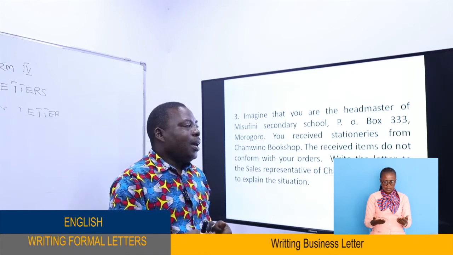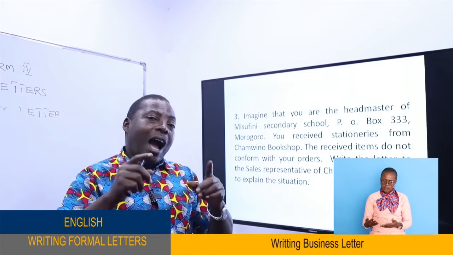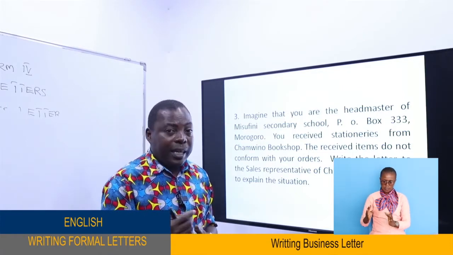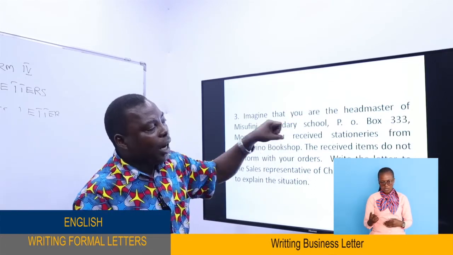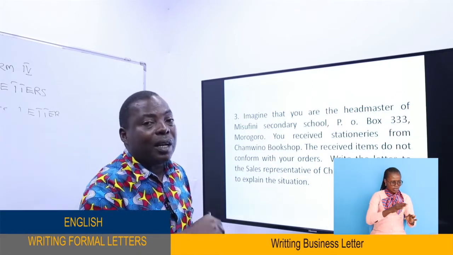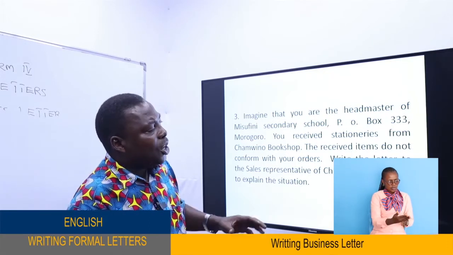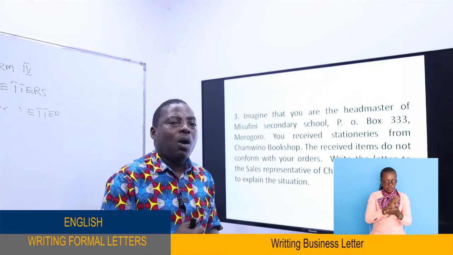Now, as long as we have discussed how aspects have to be organized, and we have seen how you can extract the information as you go through line after line, I would want you now to see how best you can write a business transaction letter of your own.